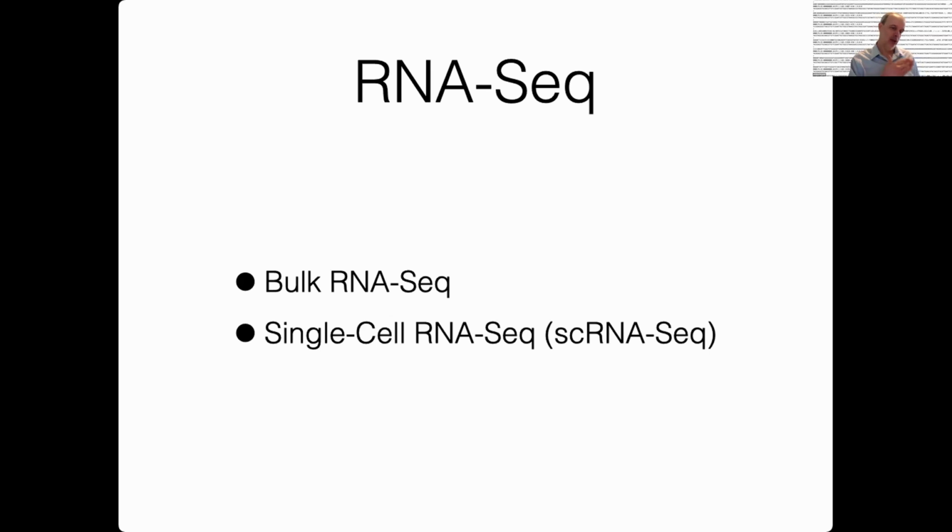Like, for example, going back to what I mentioned before, the tumor. If you grind up a tumor, tumors are heterogeneous tissues. Most tissues in an animal are heterogeneous, but tumors are a particularly good example because you have some tumor cells, some normal cells, and some immune cells in there.